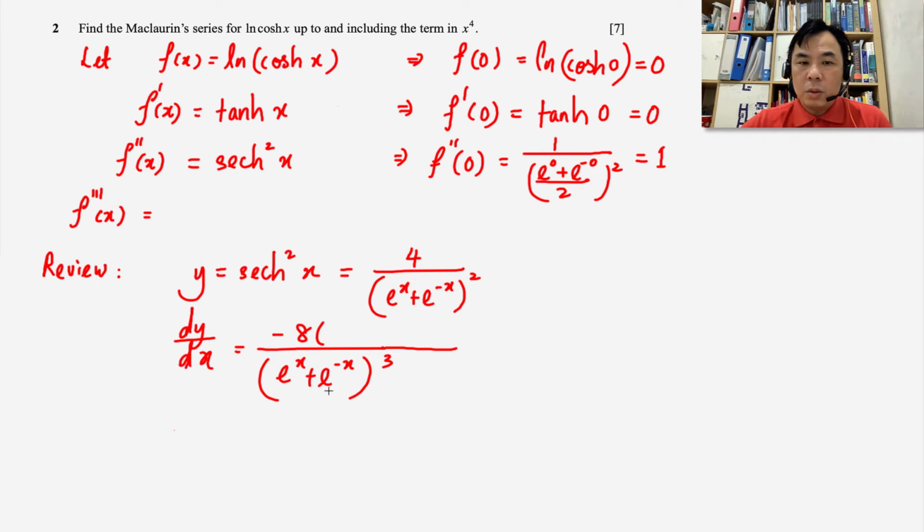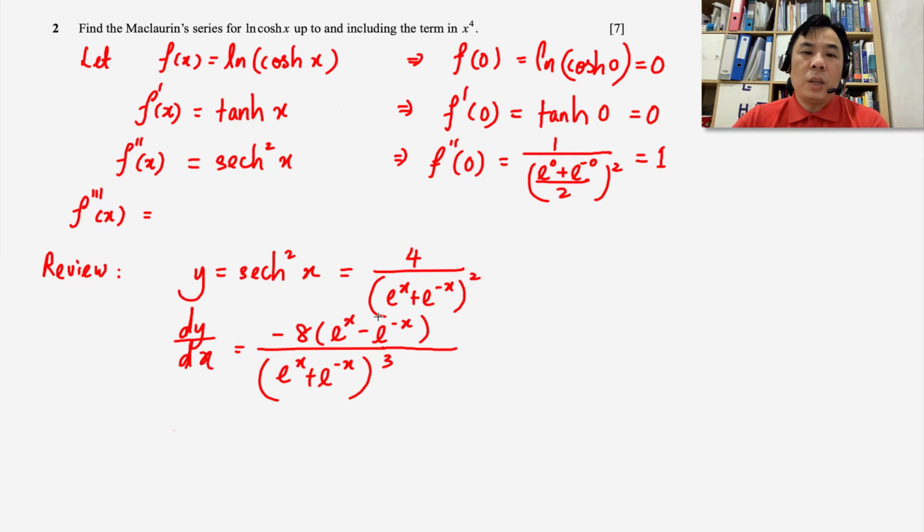And then after that, I'm going to differentiate this using the chain rule. I'm going to take a bit of a shortcut here. If you are trying this out, you can try on a piece of paper and check with me whether you get the same as mine. Okay, this is what I have at this point. So that is my third derivative.